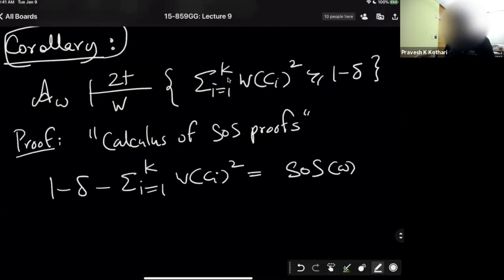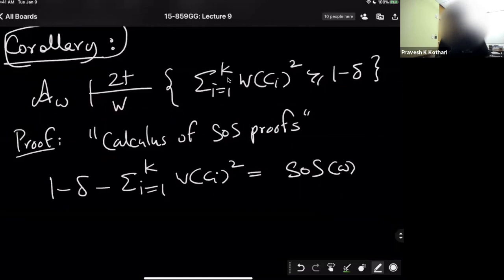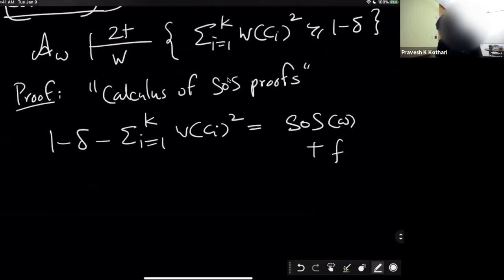That's the claim. Okay, so even though we proved that this is bigger than or equal to 0 in the proof, the claim is that because every step is going to be a sum of squares step, then modulo the constraint, let me write, plus f, where f is in the degree 2t polynomials.